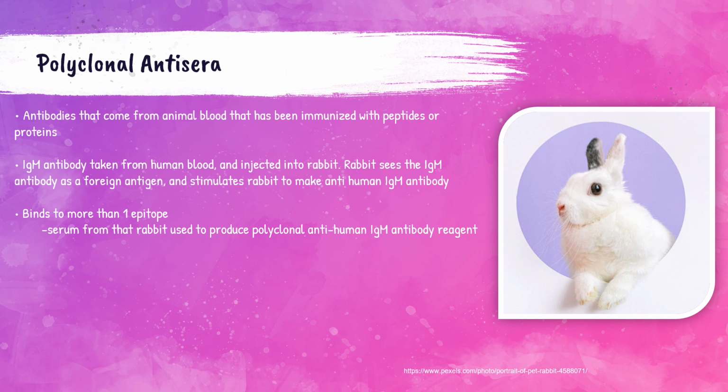It recognized that human IgM as a foreign substance, so it launched an antibody directed towards that human IgM. Once it launches the attack with the anti-human IgM antibodies, the rabbit serum can be taken and used as a polyclonal anti-human IgM antibody reagent.